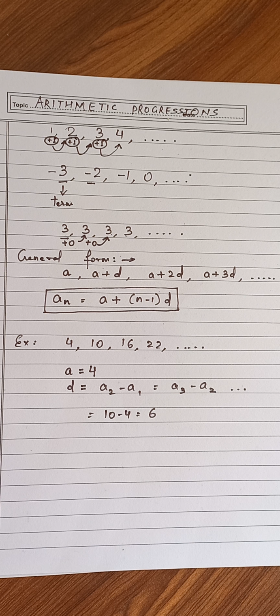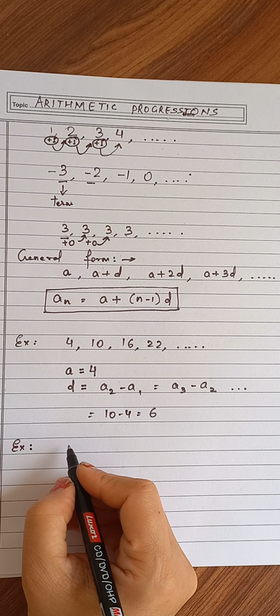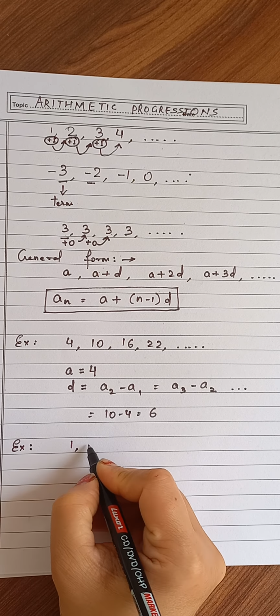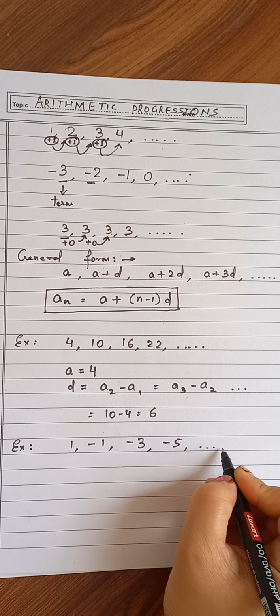But if there is a question like you have to check whether the following list of numbers is in AP or not, then how can you check? In that case, let us take another example. For example, you are provided with 1, -1, -3 and -5 and so on.